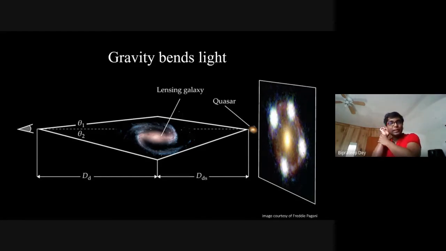By measuring these kinds of phenomena, we can not only study how gravity works on large scales, but given the fact that the light has traveled different distances to arrive at different locations in this picture, the same light has come to 4 different locations. We can measure, for example, time delays between these objects, to see how the universe has evolved over the period when the light traveled. We can do a lot of stuff by studying lensing. This phenomenon is called lensing, and that's one other thing that you can do.